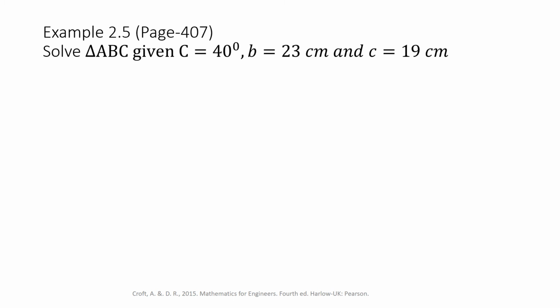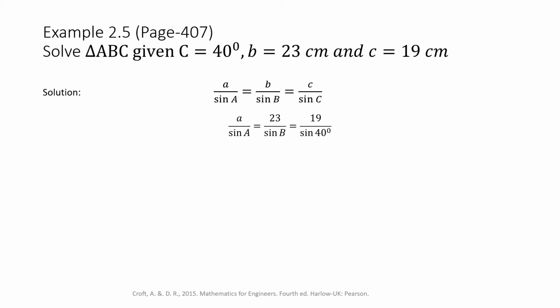Another example, 2.5, again one angle and two sides are given. So it looks almost similar. Sine rule, plugging in values. From the first and the last we can calculate angle B, and B is this.